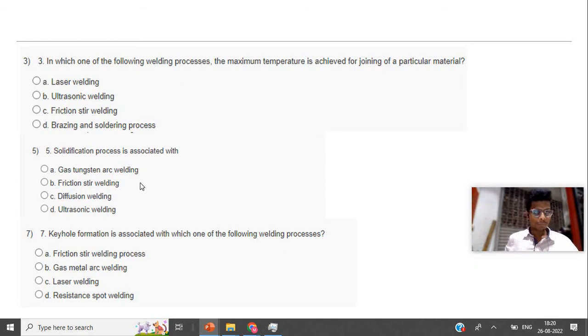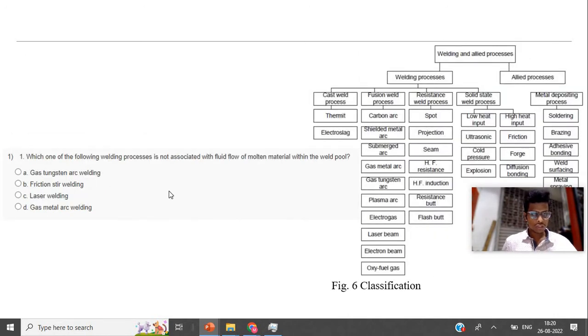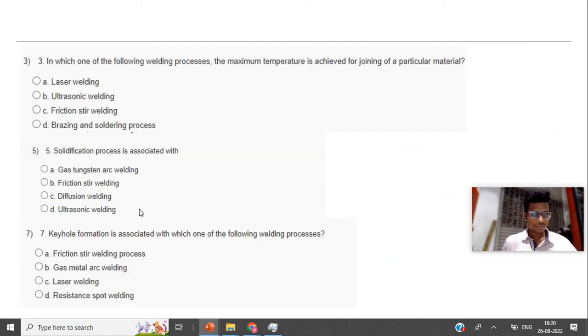Next question. Solidification process is associated with which process? Gas tungsten arc welding, friction stir welding, diffusion welding, ultrasonic welding. This question is somewhat similar to the first question. Solidification means first of all the material needs to be melted, right? And later it needs to be solidified.